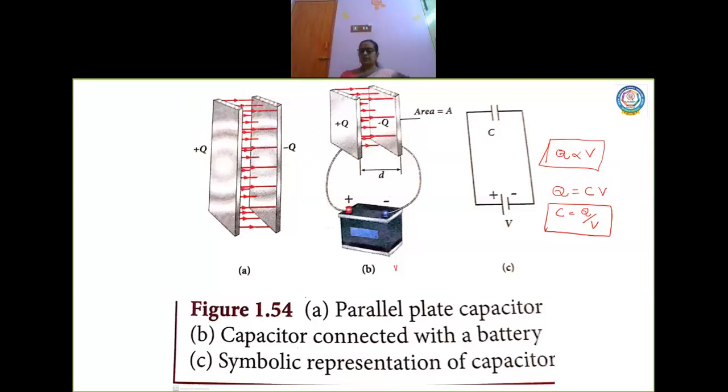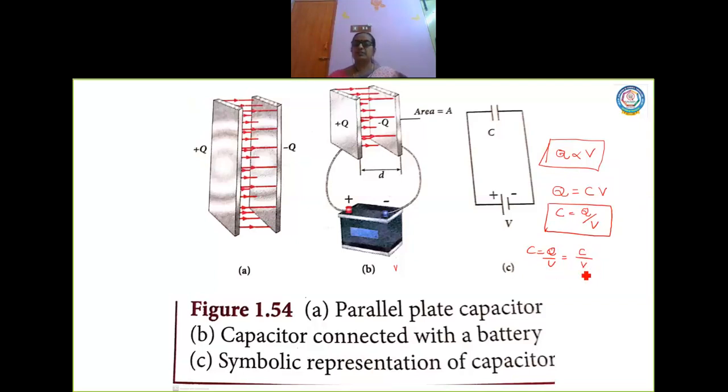Let us move on to what is the SI unit of capacitance. Here C is equal to Q by V. Q is charge. What is the unit of charge? The unit of charge is coulomb and the unit of potential difference is volt.